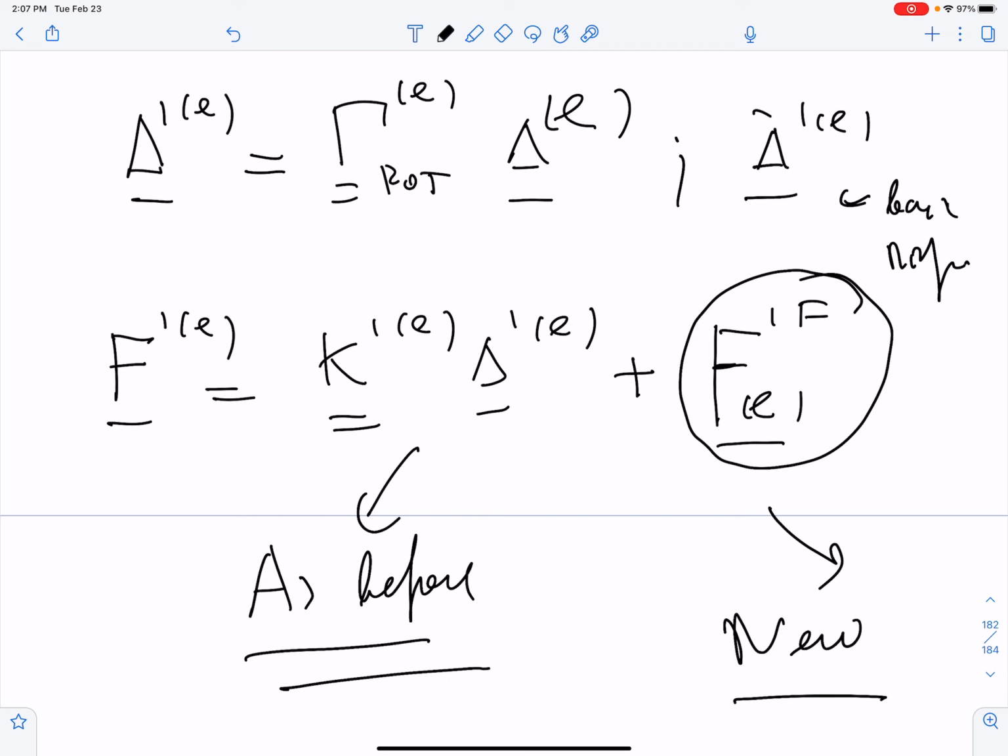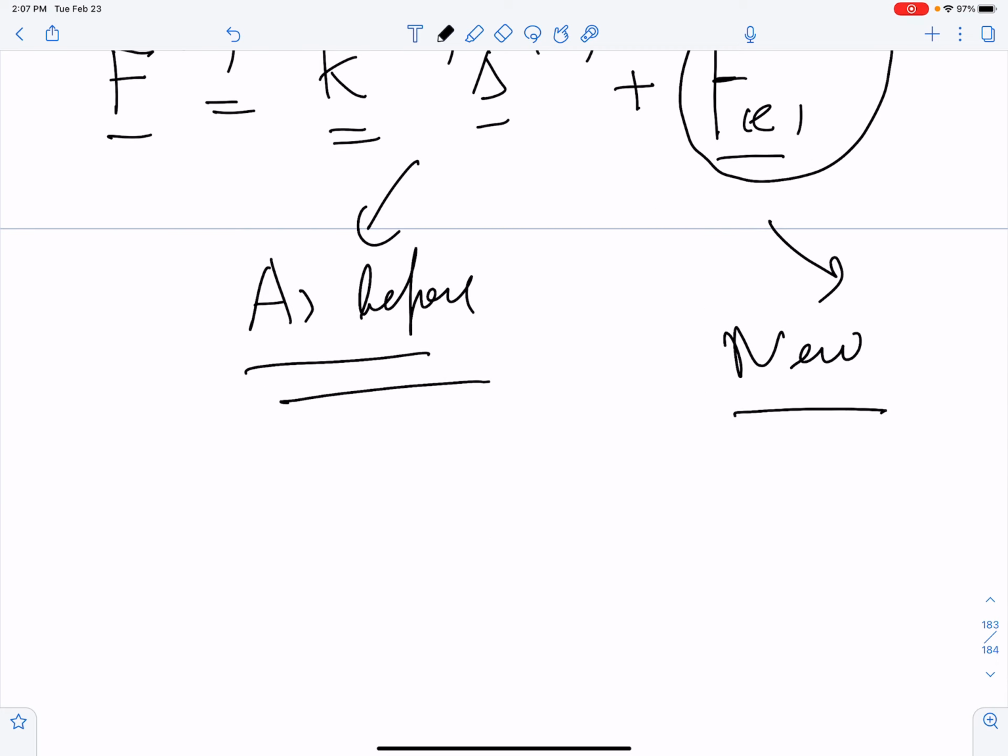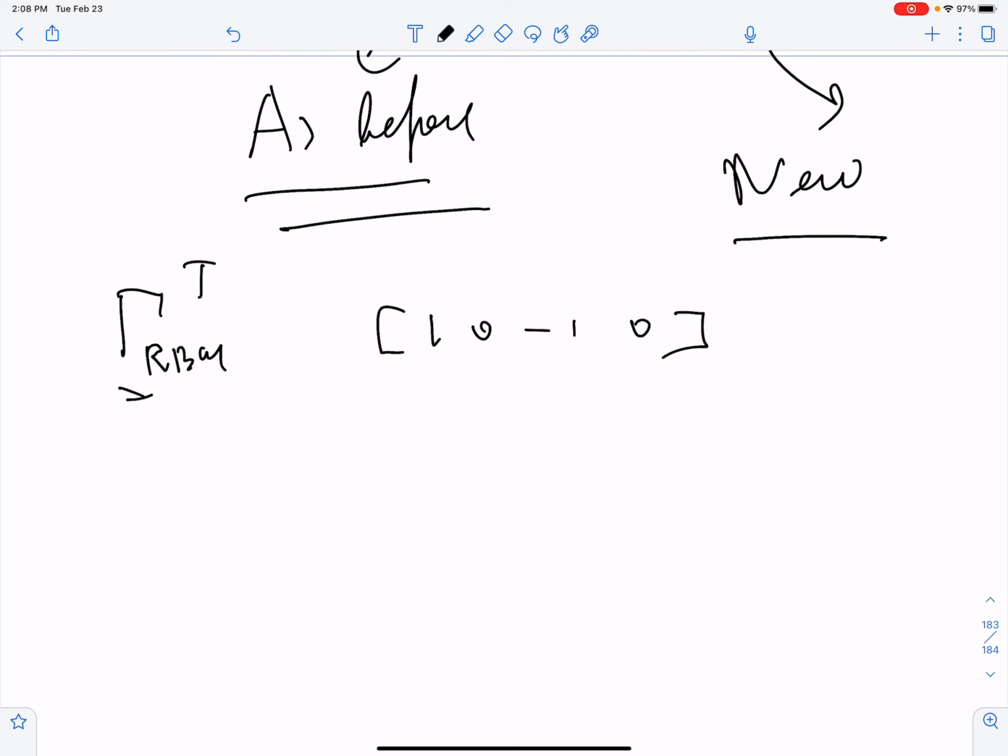Remember, you can actually relate this through gamma RBM transpose, and the gamma RBM transpose looks like this: 1, 0, minus 1, 0. And so if you want to get F over bar prime, the basic force, you would take gamma RBM transpose and multiply it by F prime.